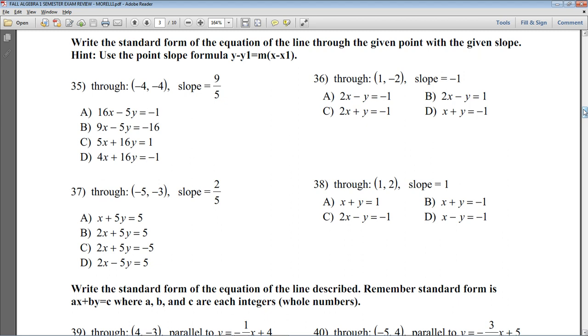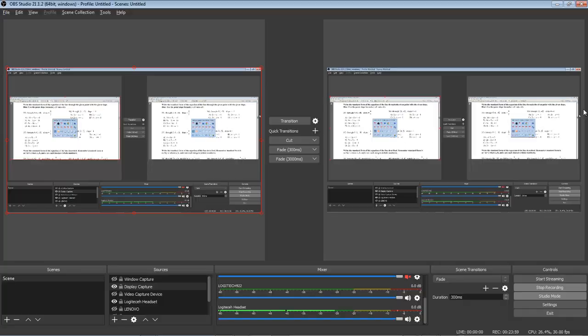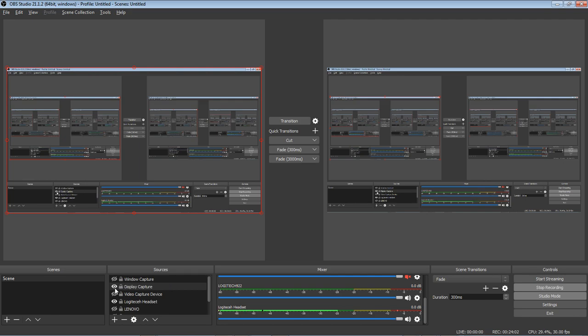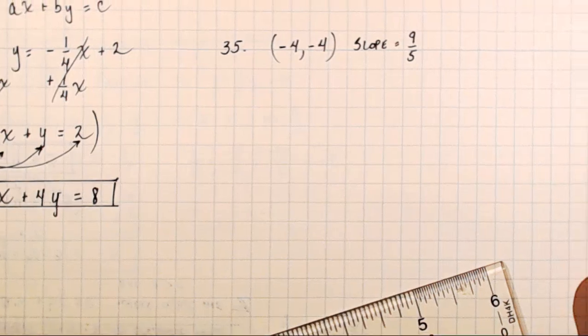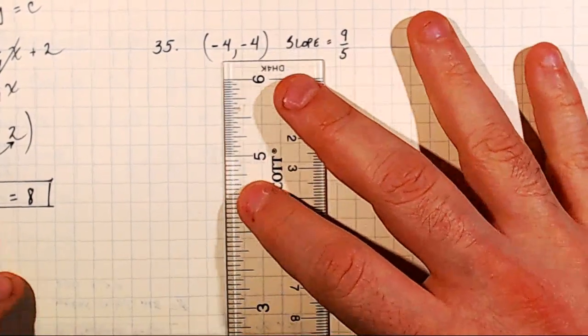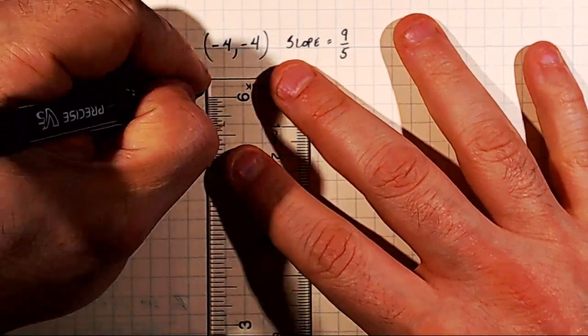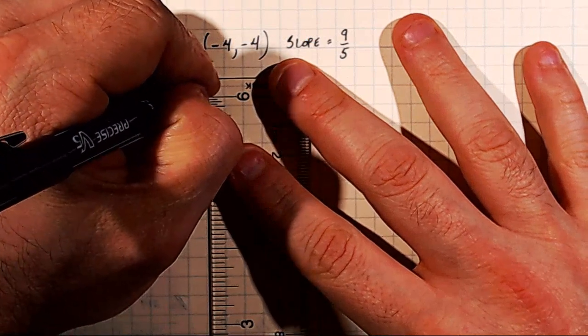Okay, so what I'll do is flash back to my work surface here, and we'll focus in on number 35, and here I'll draw a graph just so you can see what we're trying to do.